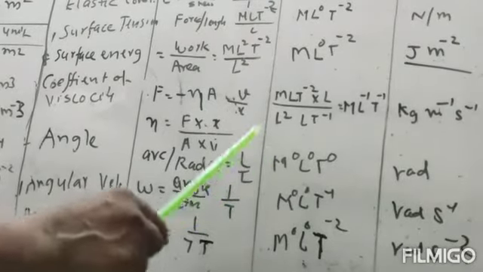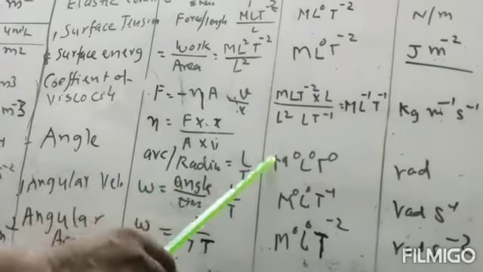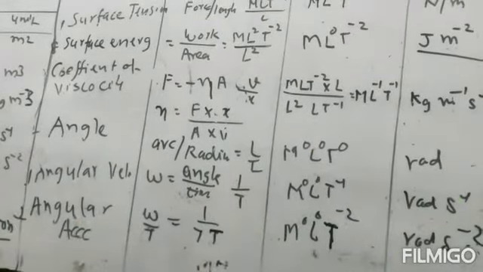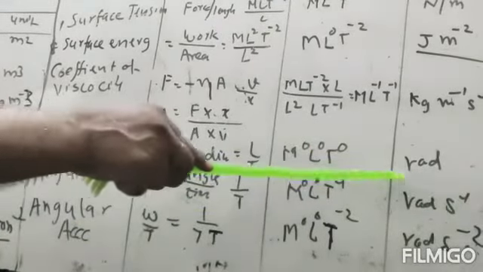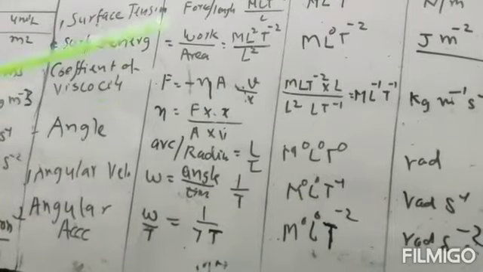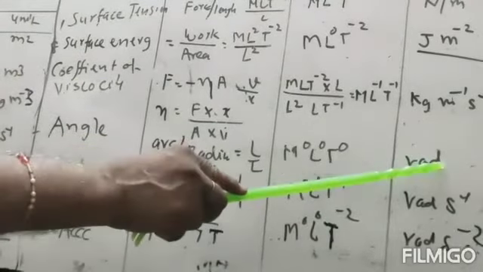So it cannot be expressed in meter, kilogram and second, and it is measured in the radian. So radian is the unit and it is the subsidiary SI unit.